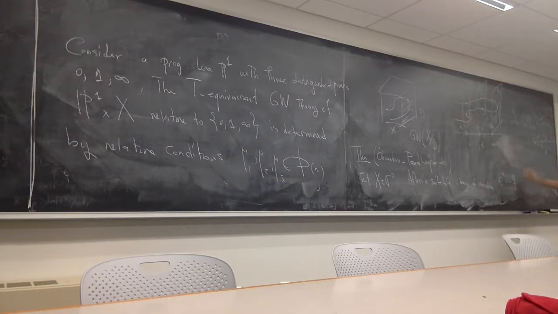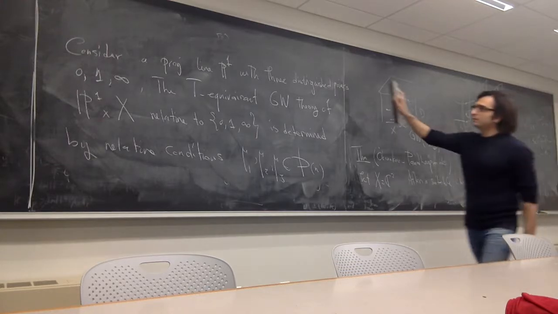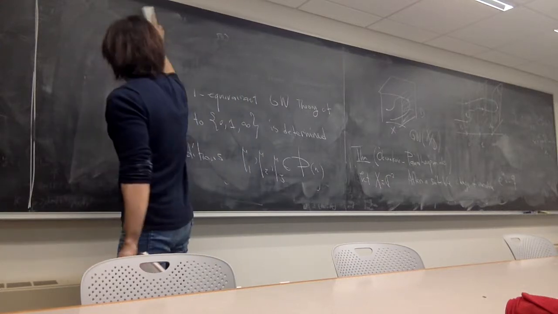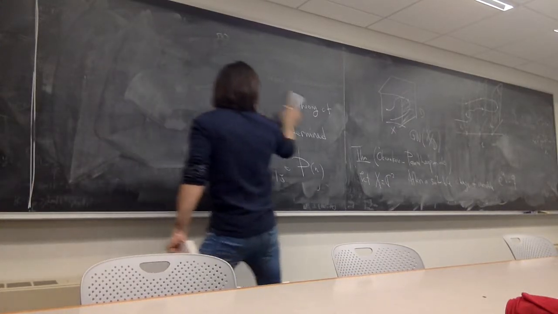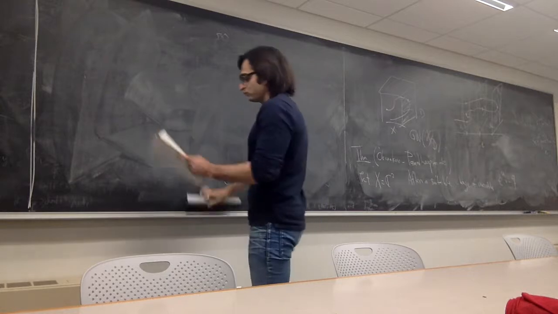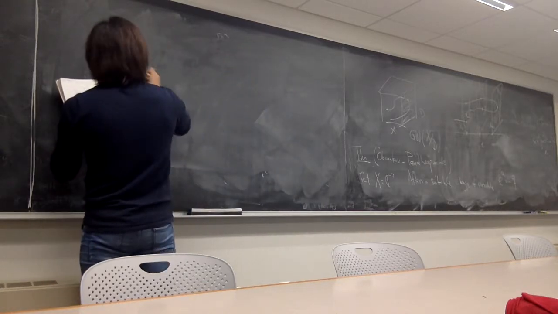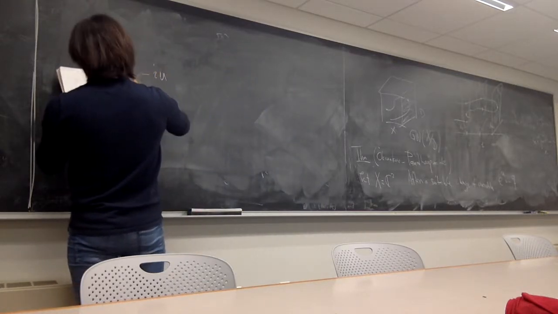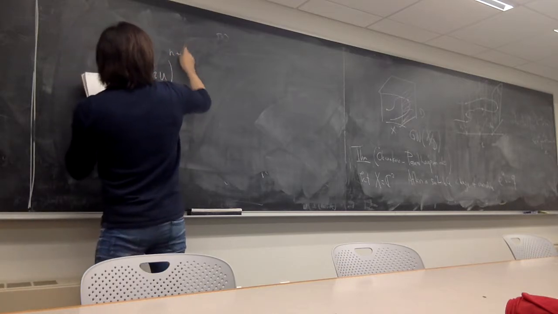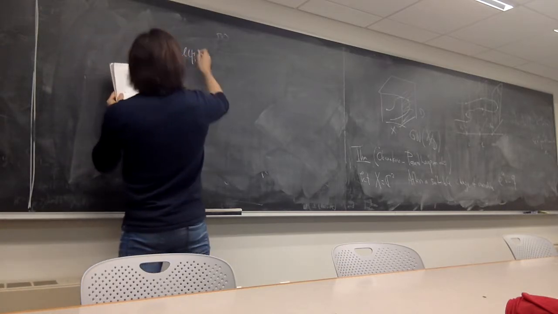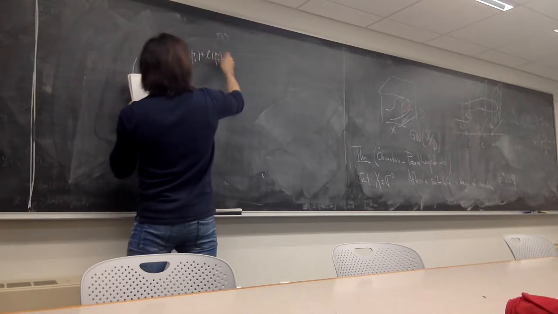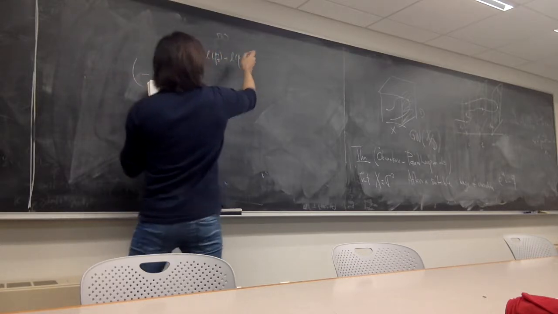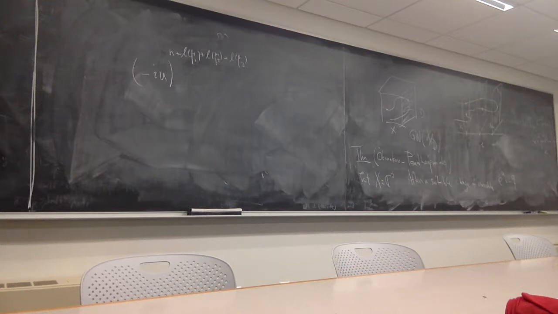We know that the following relation holds true. So the power of minus iu is n plus the length of mu1 plus the length of mu2 plus the length of mu3. These are the partitions, the three partitions. Each one of them is a partition of n.